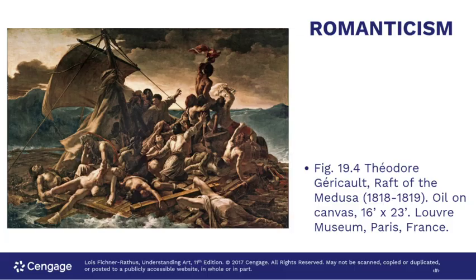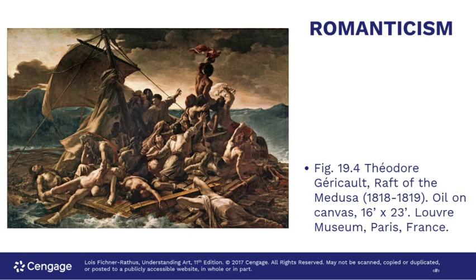And there was a shipwreck, and these are the people that are attempting to survive. They are, of course, you can see, in the midst of a serious situation. People are clinging to each other, trying to stay on this raft.